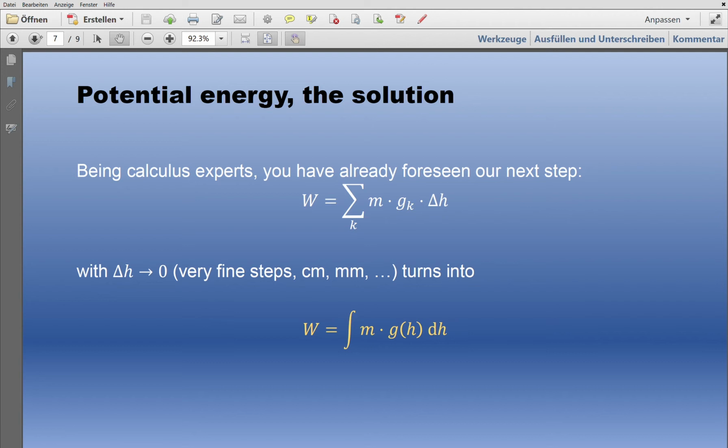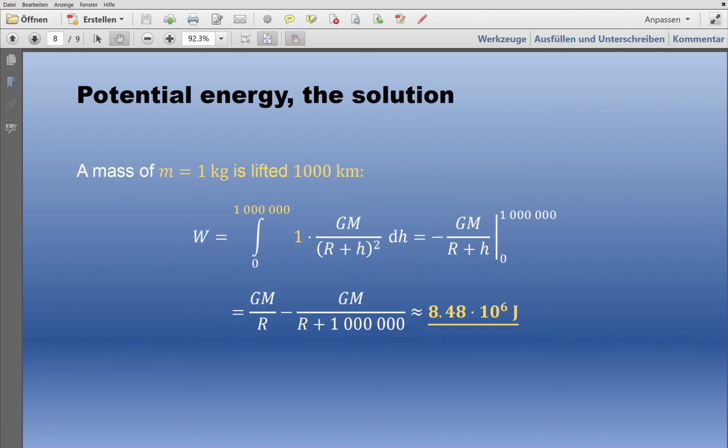So we integrate m, which is 1, our test mass, times g of h, the formula we derived, times delta h, which becomes infinitesimal and is written dh in an integral. And we sum them all up for h from 0 to 1 million, namely the 1 million meters. We can integrate this, you can integrate this, give it a shot.